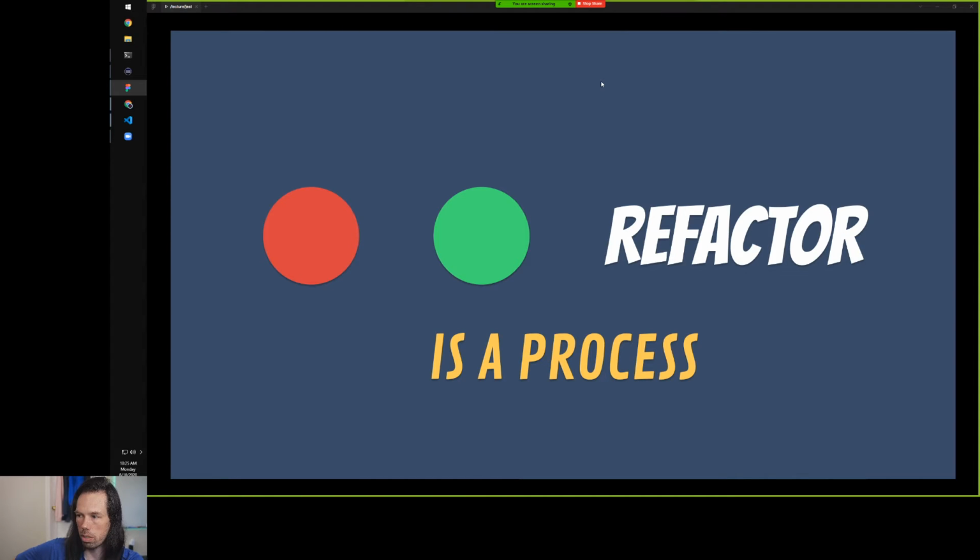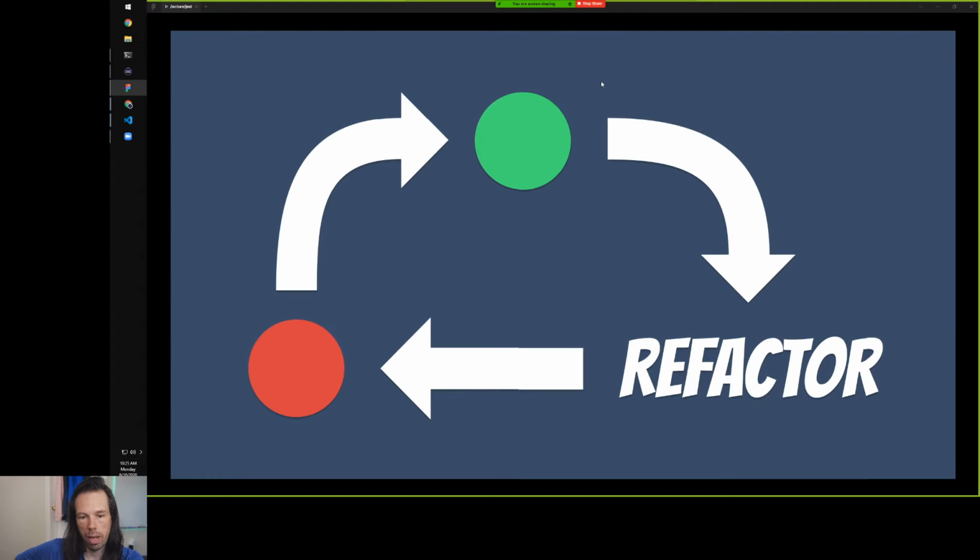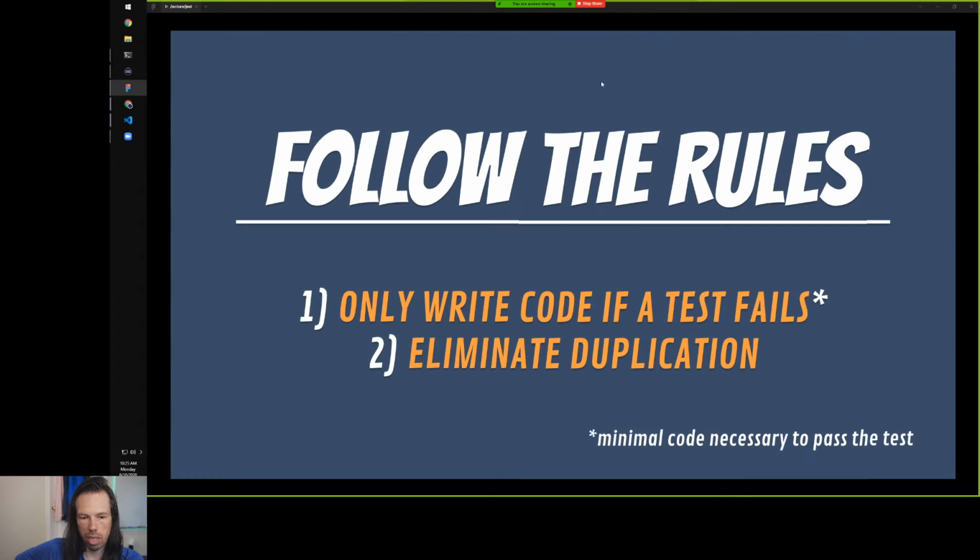Okay. So this is a red-green refactor. It's a process. It's described this way as a process in the book. And a process tends to look like this, right? Where you start with red, and then you go to green, you refactor. Now you're back to red until it's green again, and the next step here is to eliminate the duplication.